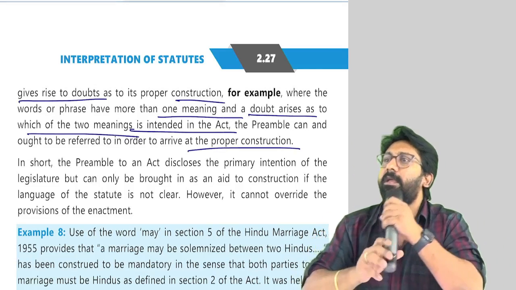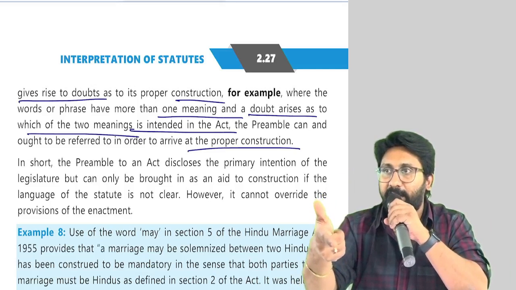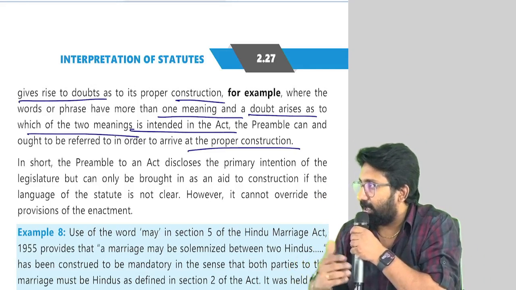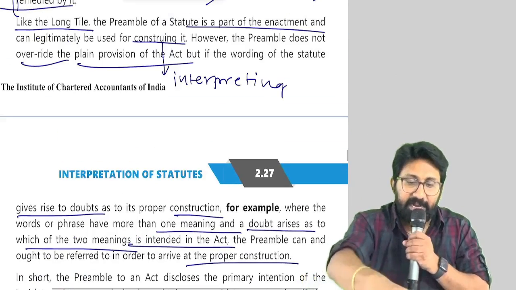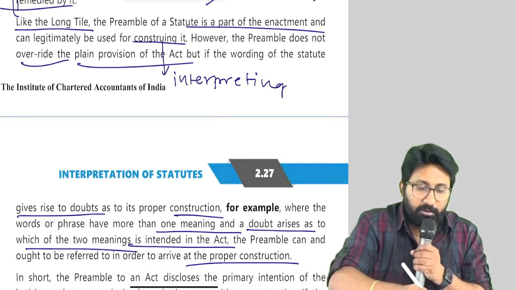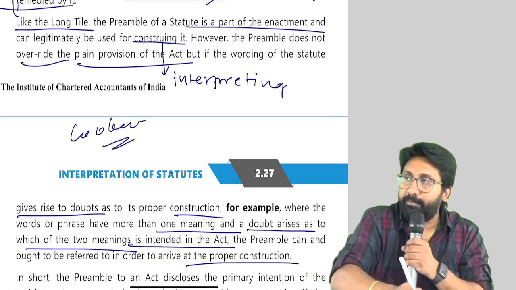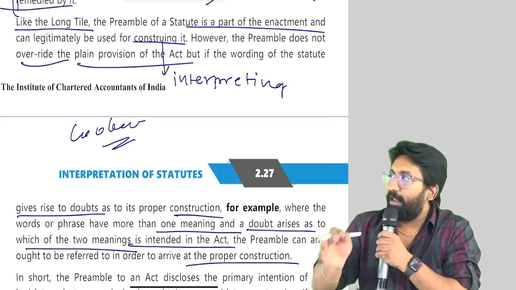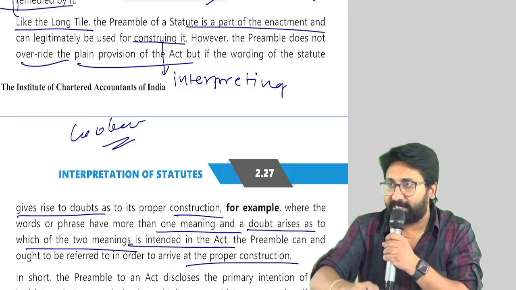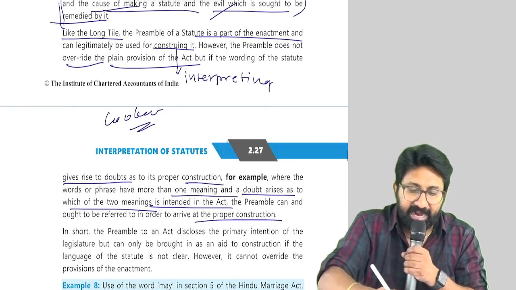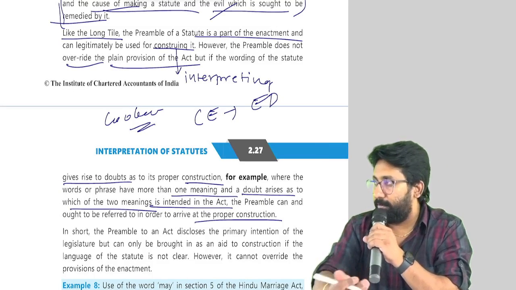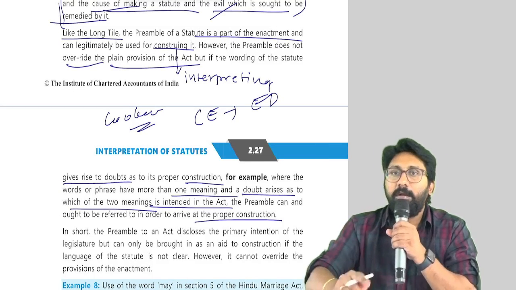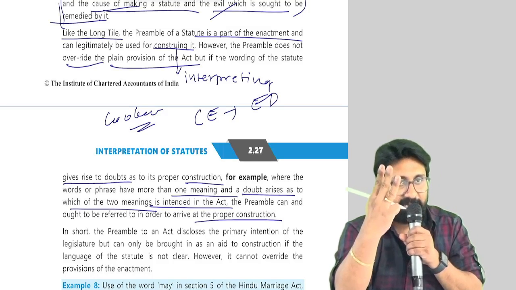Listen carefully. Hawkins Cooker's case law, under the Central Excise Act. First I will explain about the Central Excise Act. The Central Excise Act says that excise duty will be paid if three conditions are satisfied.